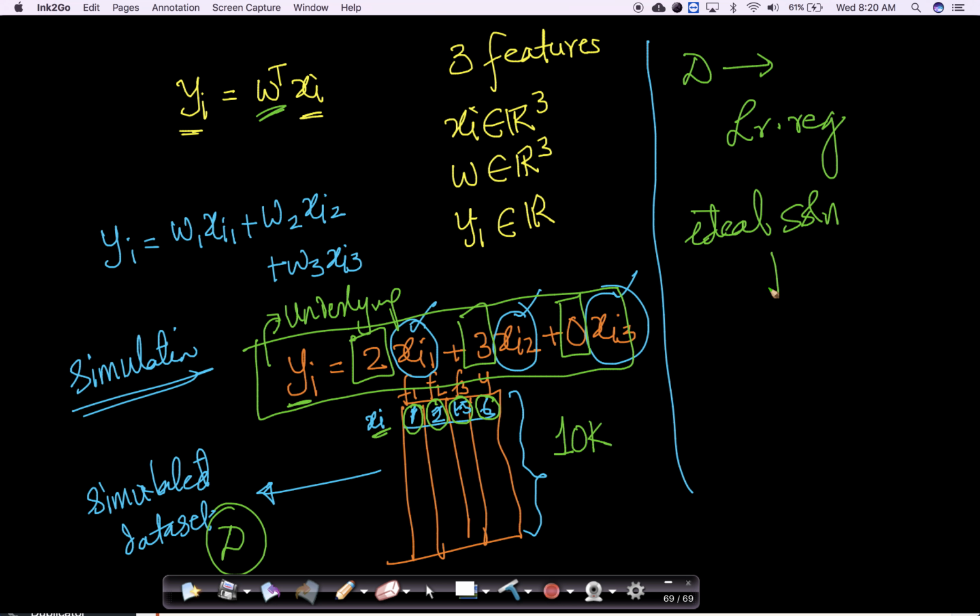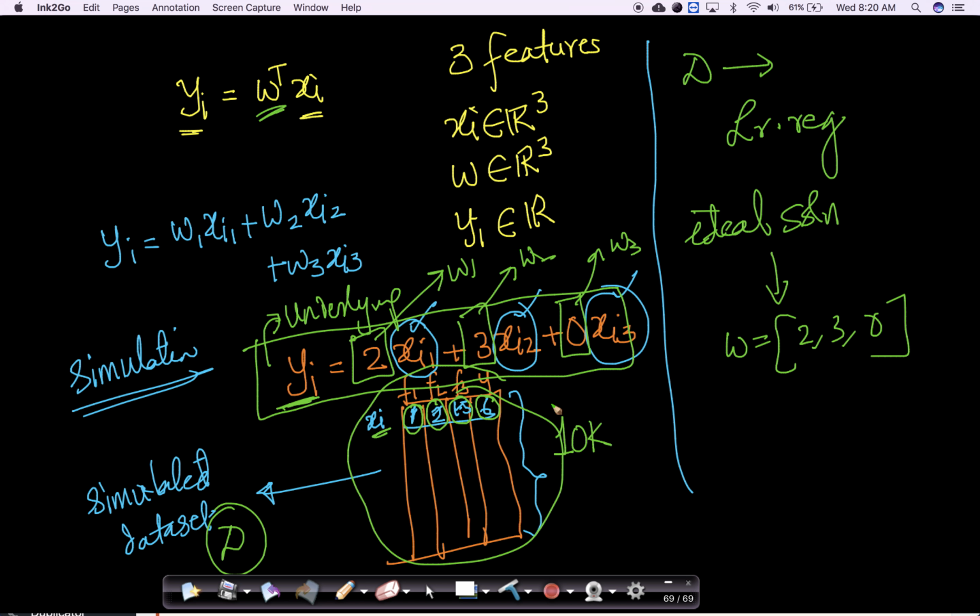The ideal solution is that your W vector is 2, 3, 0, because this data was simulated using this underlying relationship. So this should become your W1, this W2, this W3. Clear till now, I hope. So we are simulating data using an underlying function, and if somebody gives you this data and asks you to build a linear regression model, what is the ideal solution?